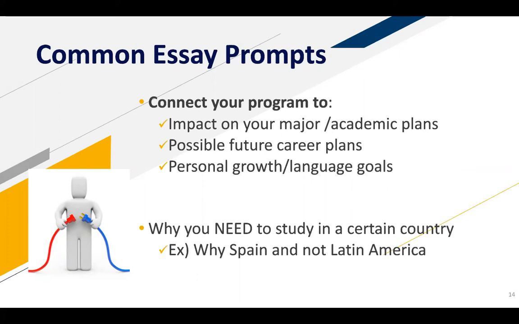Those first two classes are going to apply to my upper division elective requirements, and the third one is a core course requirement." You want to be as specific as possible. That way the essay reader knows who you are and they know how the program connects to your goals specifically.